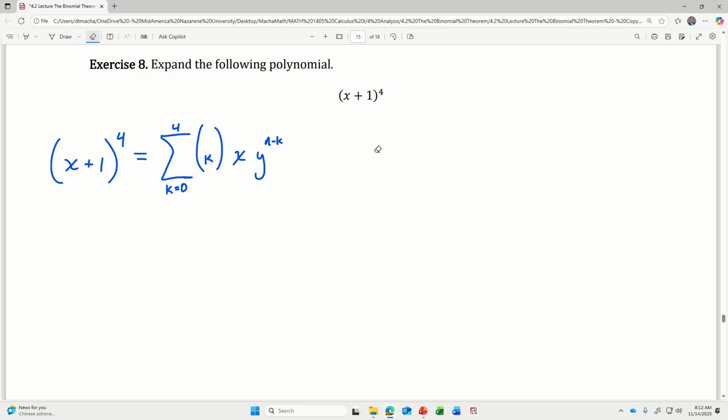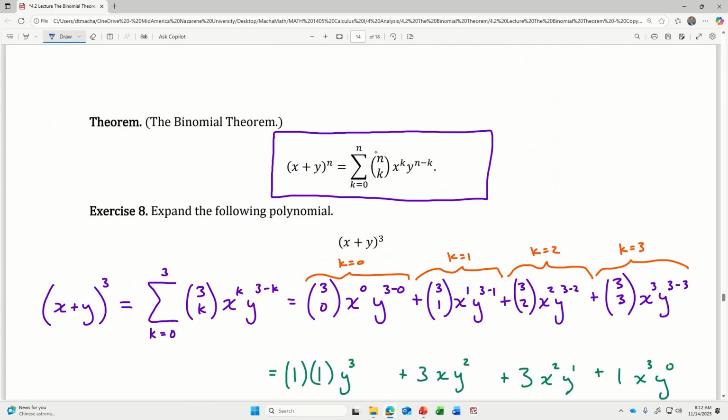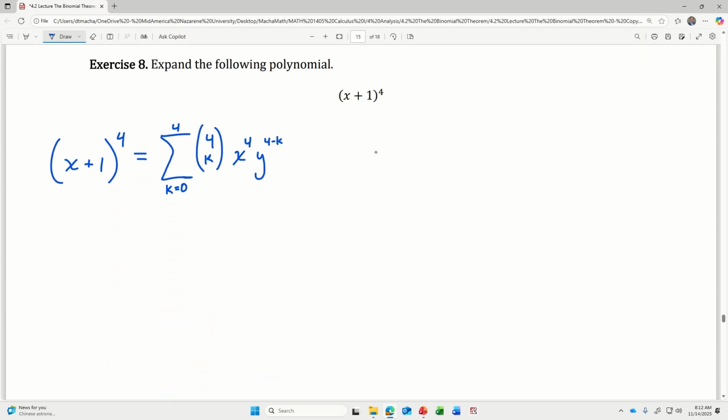Since n is equal to 4, I'm going to go ahead and just plug that in here. 4, 4, 4. If you need a reminder, this is what the binomial theorem looks like. And I've just replaced the n's with 4's. So all told, there's going to be 5 different terms here.